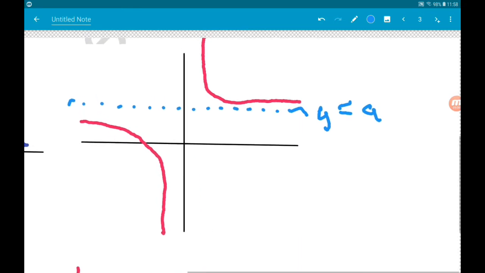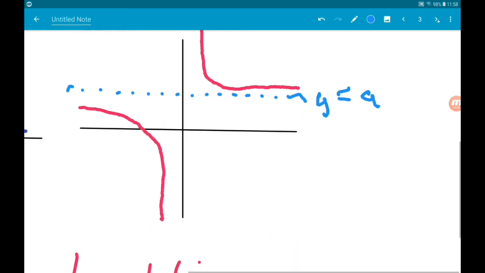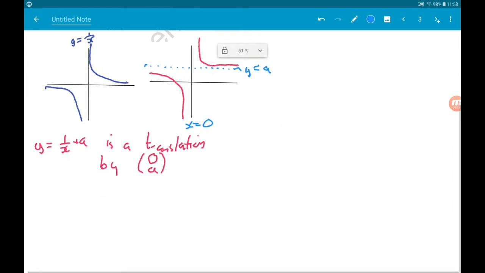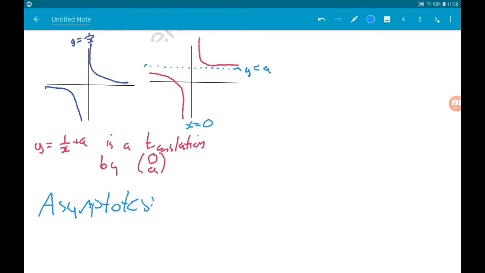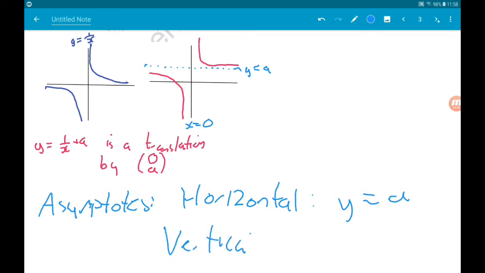And our vertical asymptote is just the y-axis, which is x equals 0. So, let's write those down. So, horizontal is y is equal to a, and vertical is x equals 0.